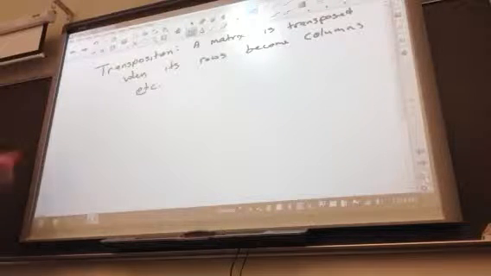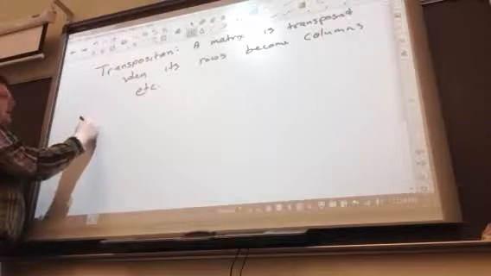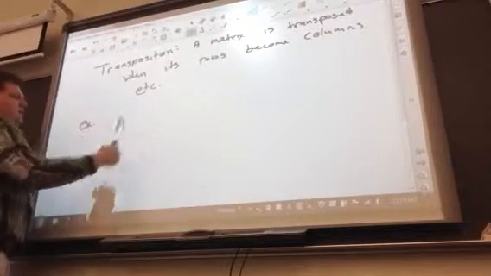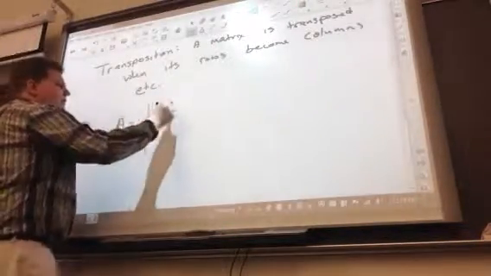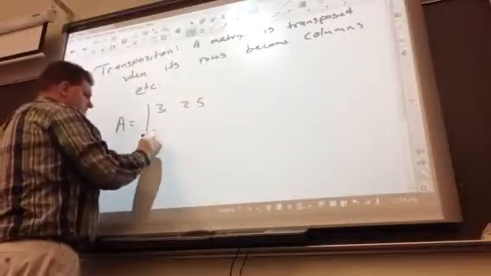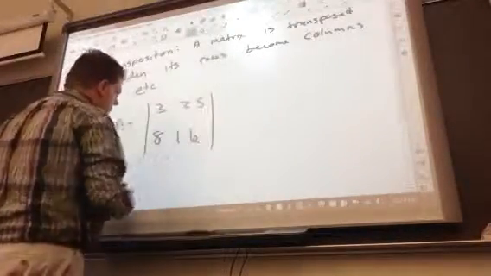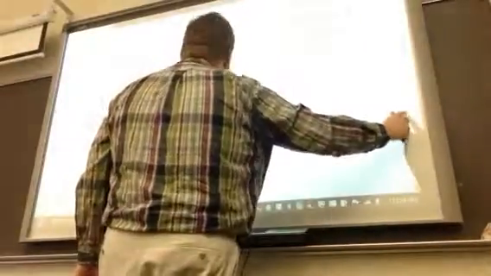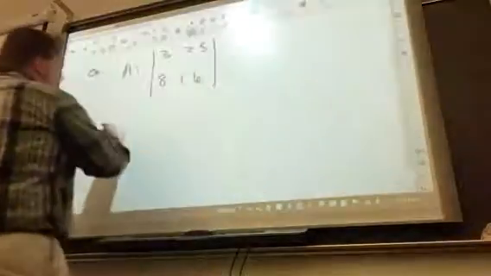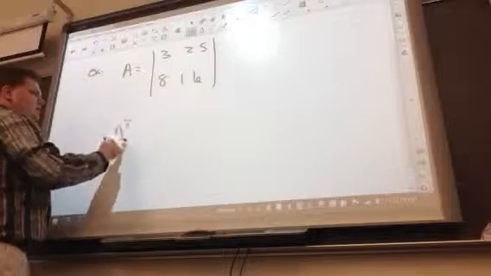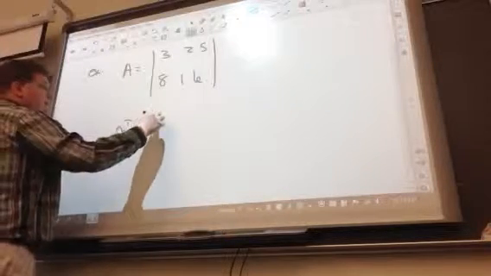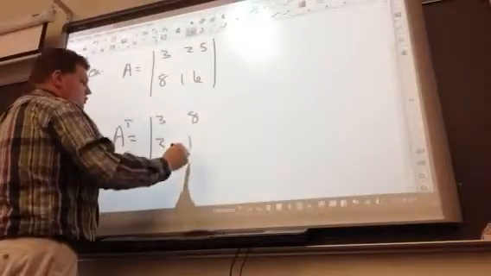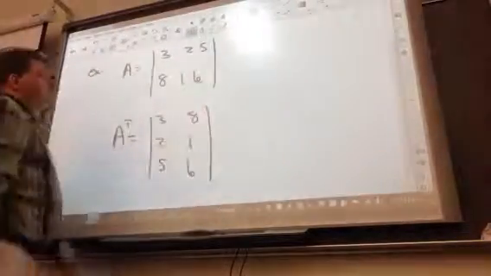Let's take a look at an example. If I had matrix A being equal to 3, 2, 5, 8, 1, 6, then A transposed, the transposition of A, is going to be 3, 2, 5, 8, 1, 6 rearranged.